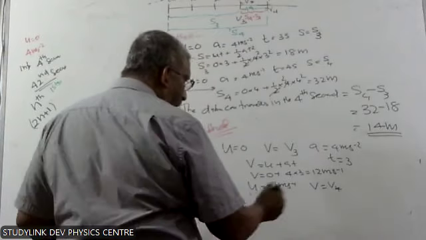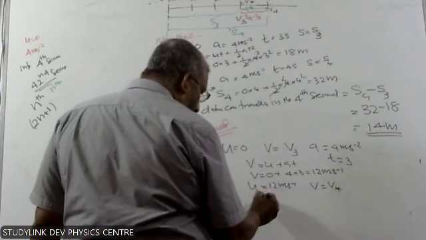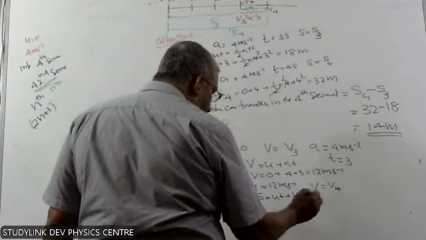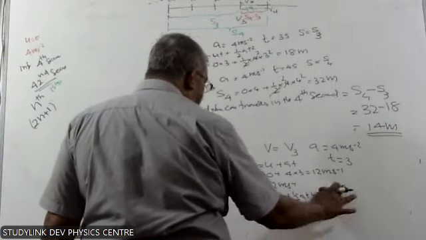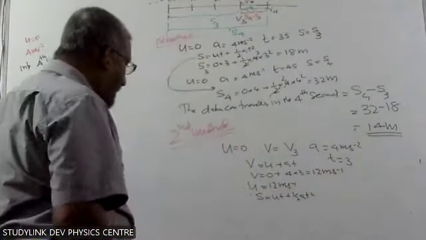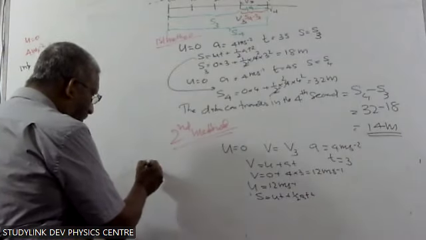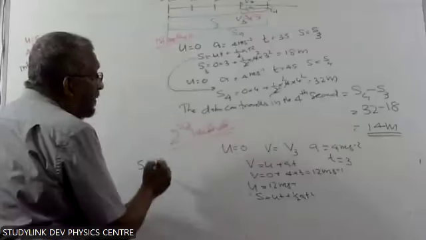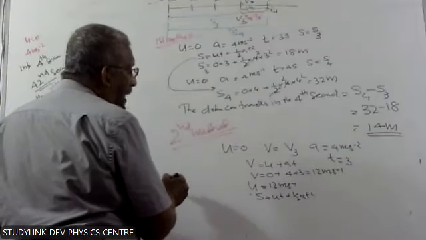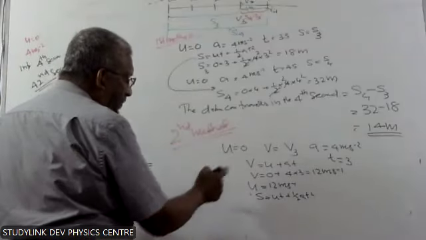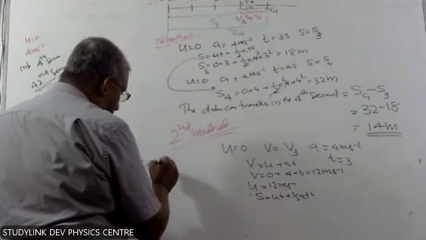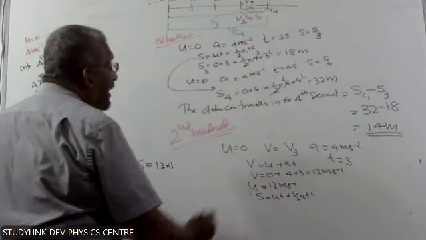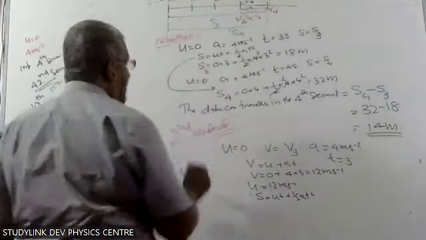We can find s. Then s is equal to ut plus half at squared. v4 is not needed, directly we'll find it. Then s is equal to u, which is v3, and v3 we found as 12. Then 12 into 1 second. Why? From here to here, only 1 second.